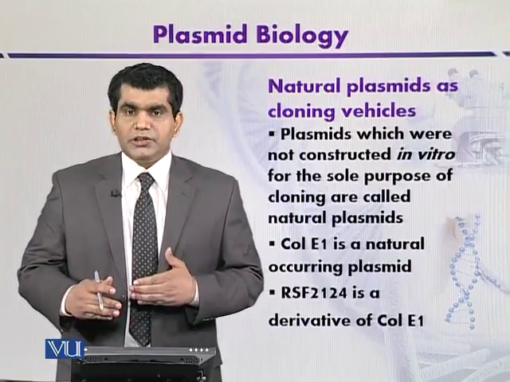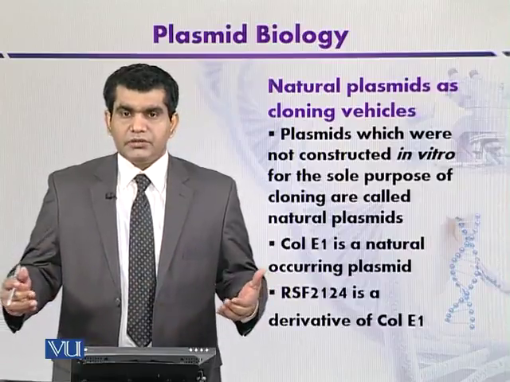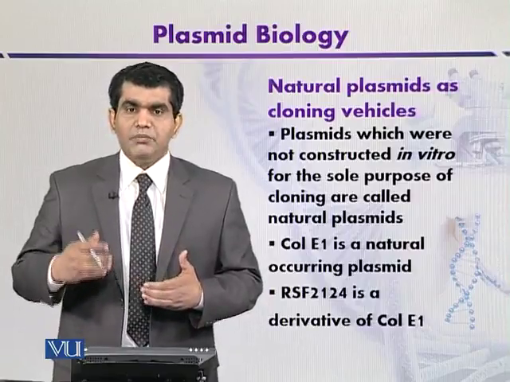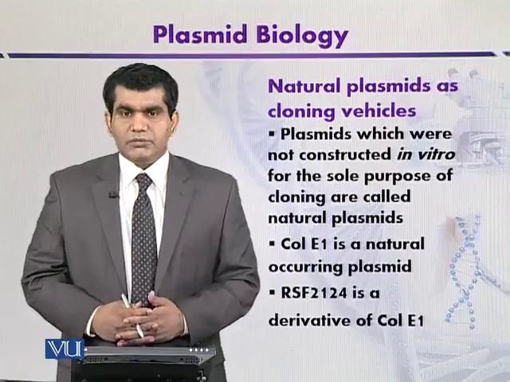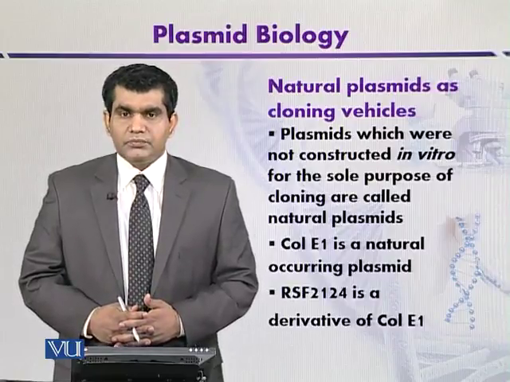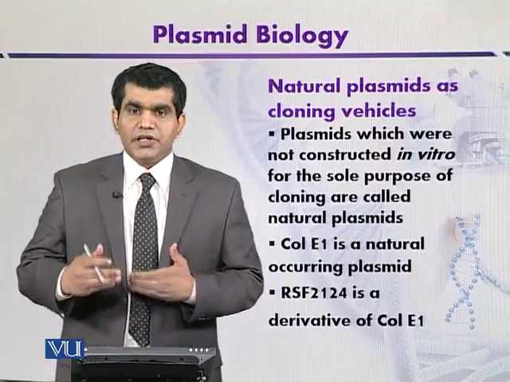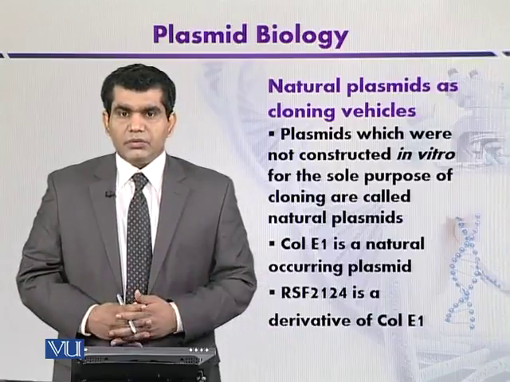This plasmid carries not only the gene for colicin E1 production, but also a gene that can confer immunity to this toxin, because it is important that the cell should protect itself from colicin E1.